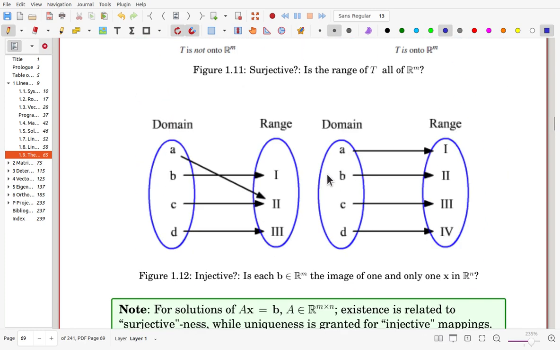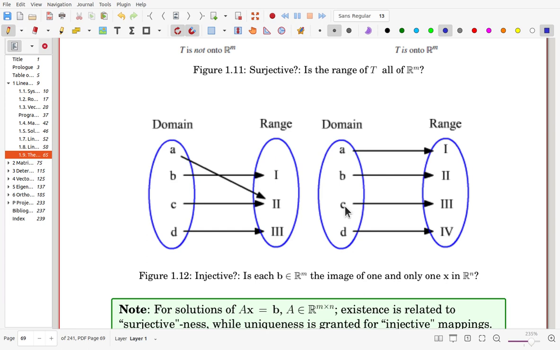Let's see this figure here. This is the range and domain, and in this figure, a and c are transformed to the same point, so it is not one-to-one. But on the right side, for each point in the range, one and only one pre-image exists, so it is one-to-one.